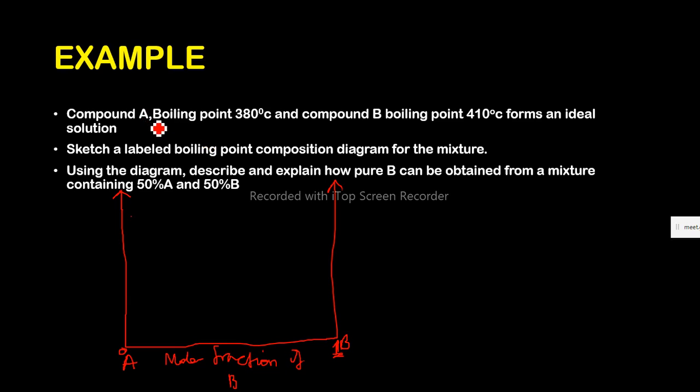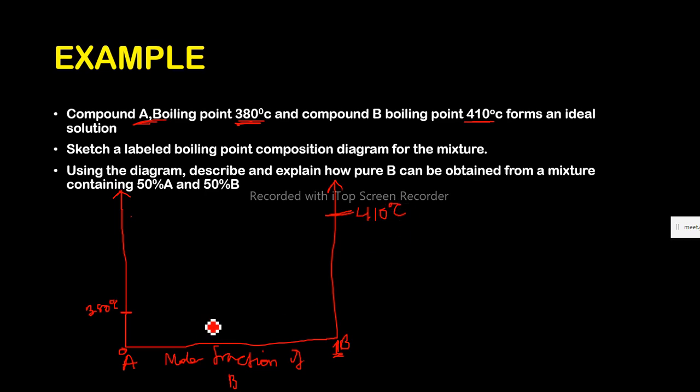Now from the question you can see that A boils at a temperature slightly below the boiling point of B. So if this is the boiling point of pure A, which is 380 degrees Celsius, then the boiling point of pure B is going to be slightly above that of A, and so this is 410 degrees Celsius.